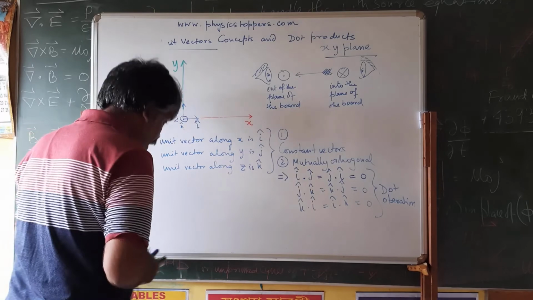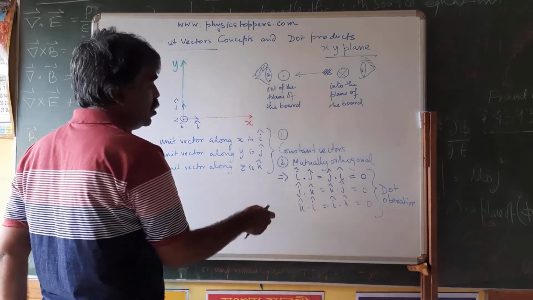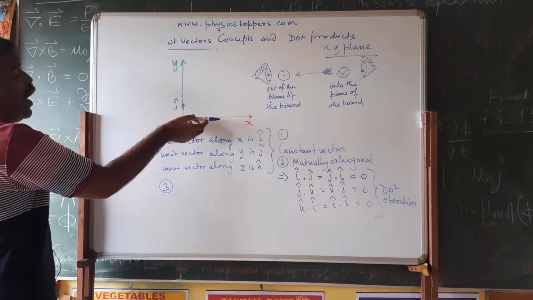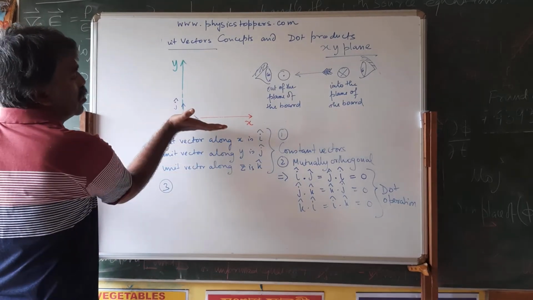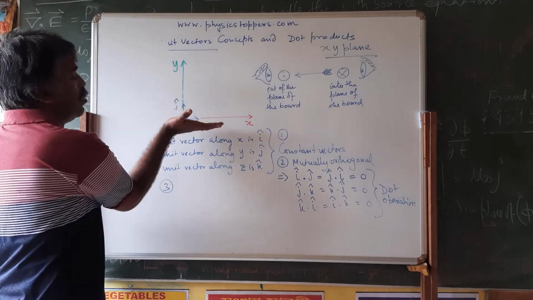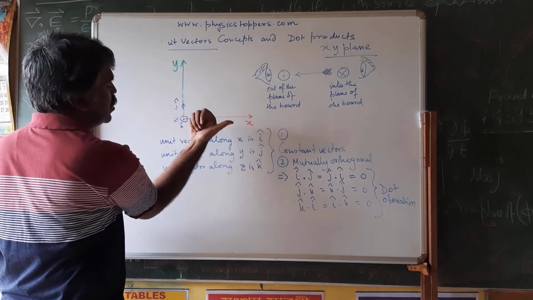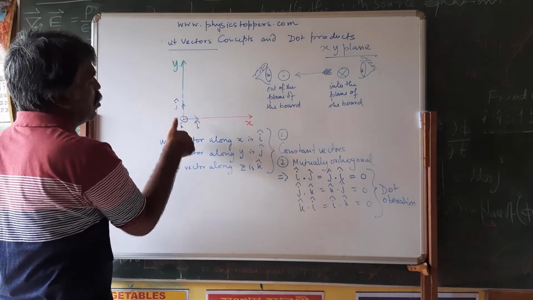I want to mention that point number 3 is cross product. See, i cross j. If you watch my cross product video, you can also have it. i cross j is k, j cross k is i, and k cross i is j.